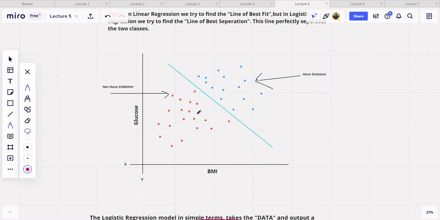In case of our diabetes example, that sample or data point will not have diabetes. Whereas if the data point resides above this line, then that data point will have diabetes. So this line is basically a threshold, like a separation line.